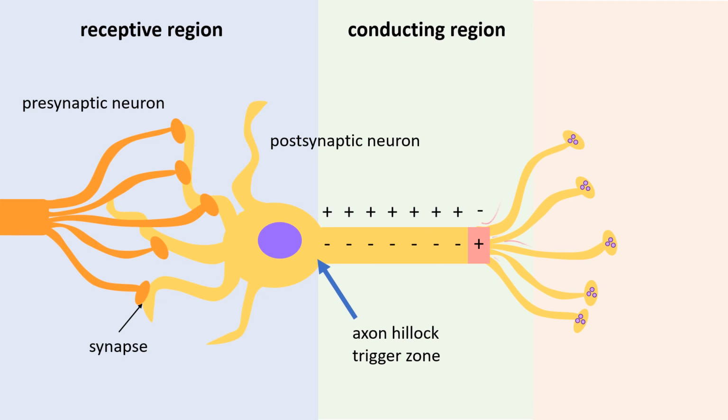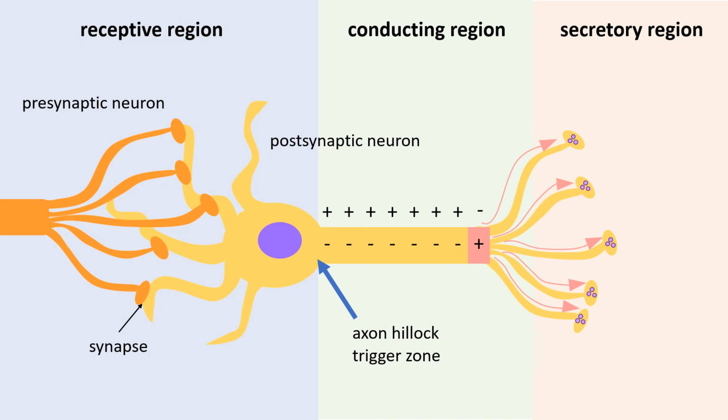And we know it doesn't stop here, that it's actually going to make its way all the way to the end of the axon, to the axon terminals. And what's going to happen here is that the axon terminals are now going to be triggered to release neurotransmitters, which is why we call this region the secretory region. We're going to see the secretion of neurotransmitters.